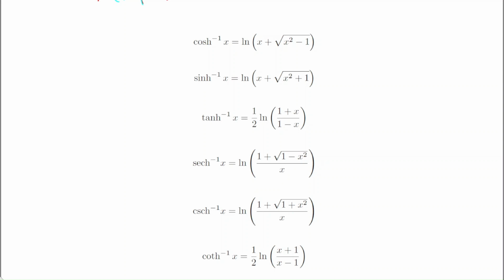Maybe you can figure that out. Now, once again, some of these require a little bit of care in appropriately restricting the domain of the original hyperbolic function. But once you do that, it's pretty straightforward, I believe.